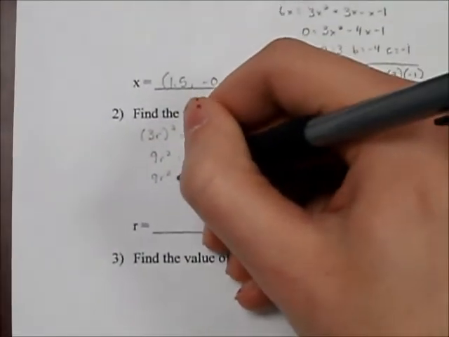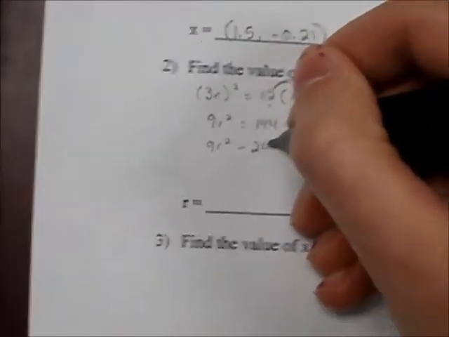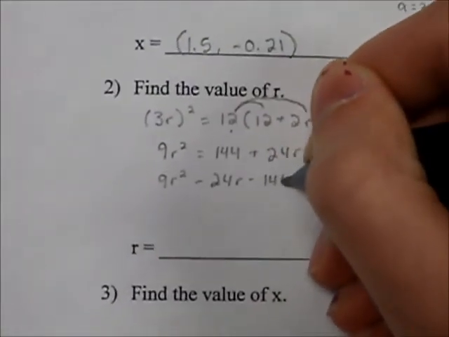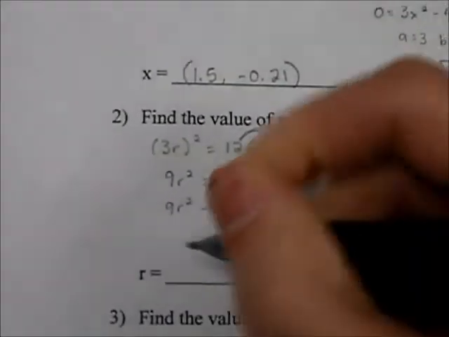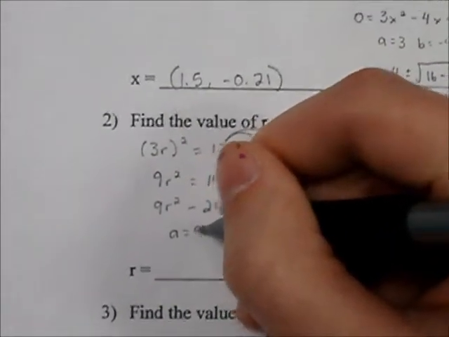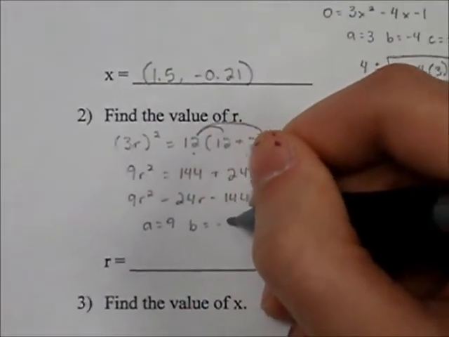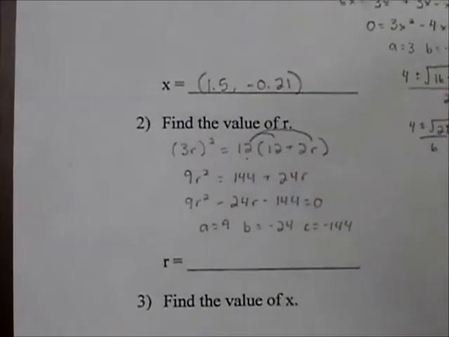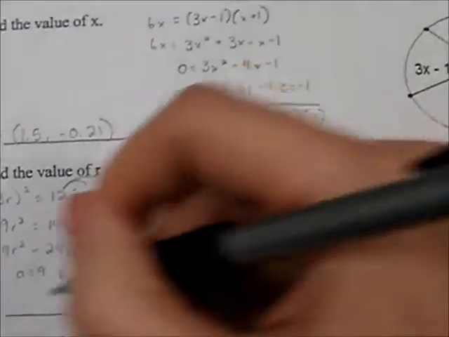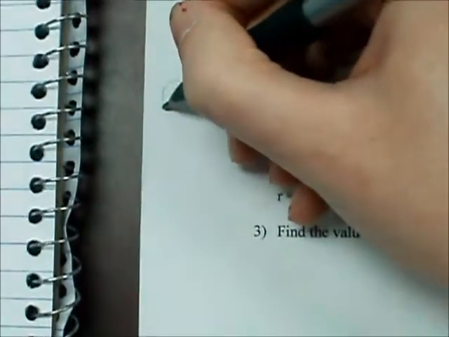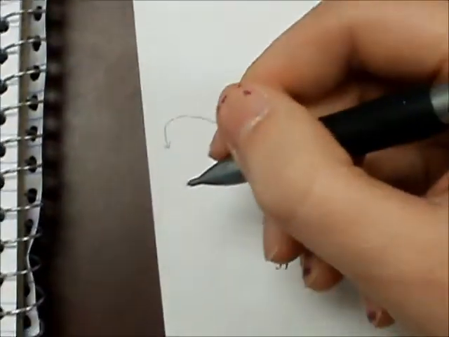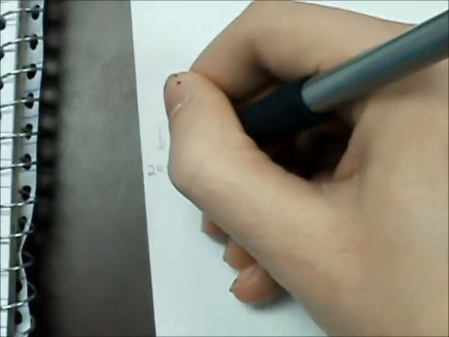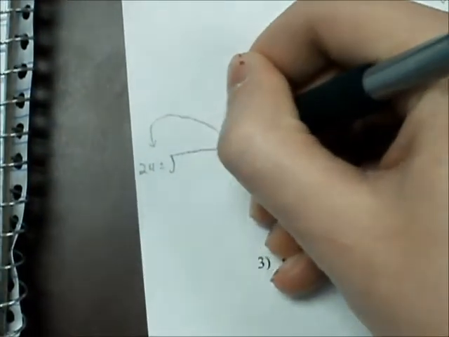And then we're just going to subtract 144 and subtract 24r. So we have 9r squared minus 24r minus 144 equals 0. And then we plug in what we know for the quadratic formula. 24 plus or minus the square root of 24 squared minus 4 times 9 times negative 144, all over 2 times 9.